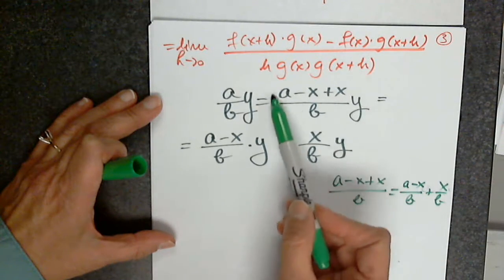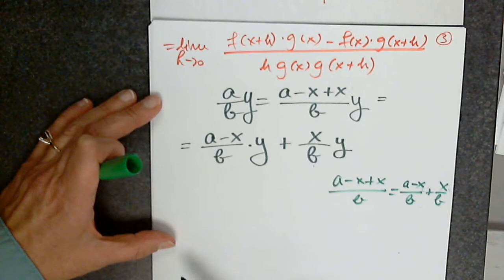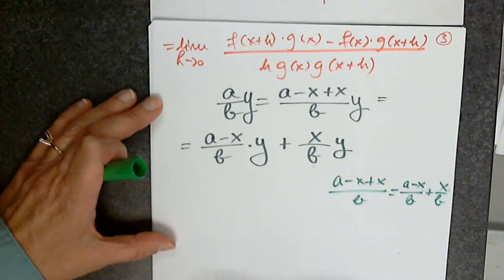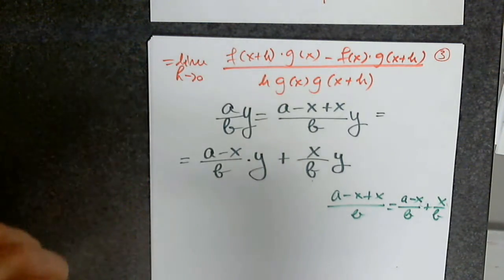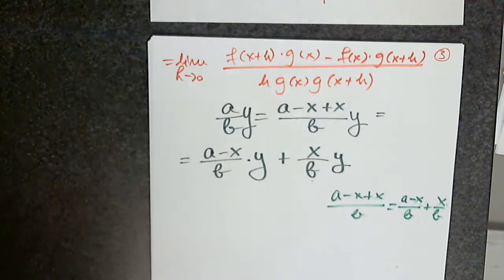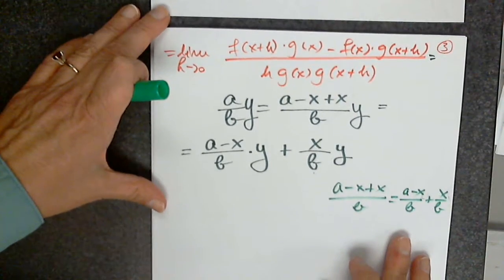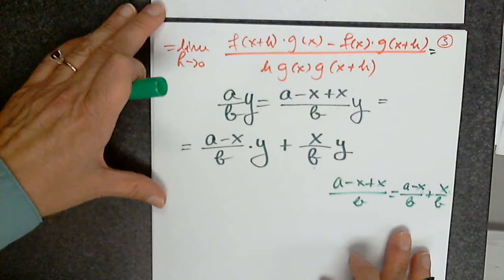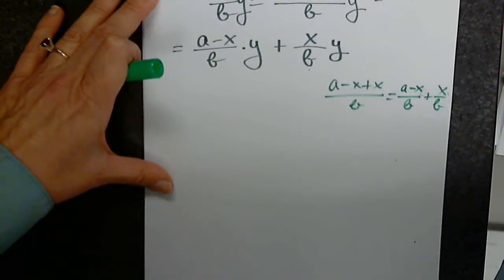So I'm distributing it to the first fraction, and I'm also distributing it to the second fraction. Is that better? I need this procedure up here, and you will see in a minute why. So are we in agreement so far? Other questions here? Okay, so let's continue then.